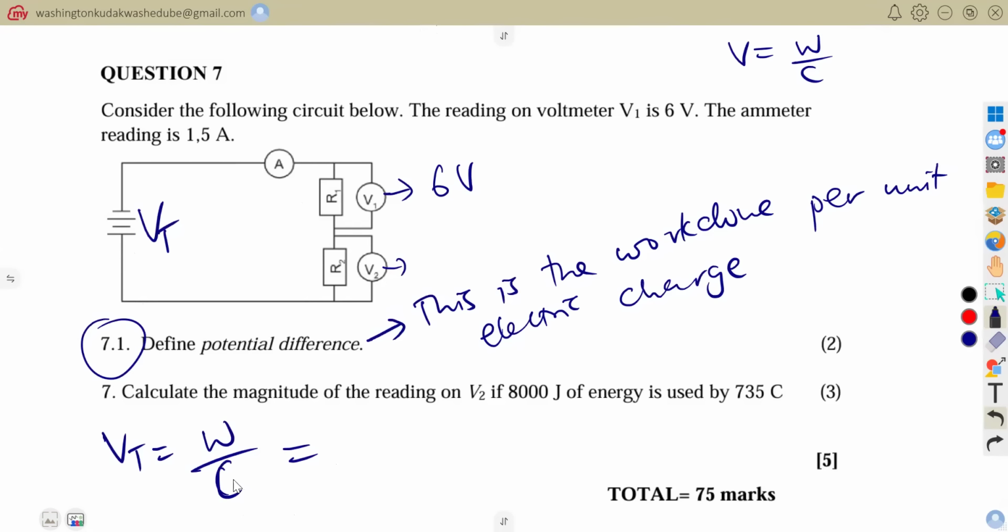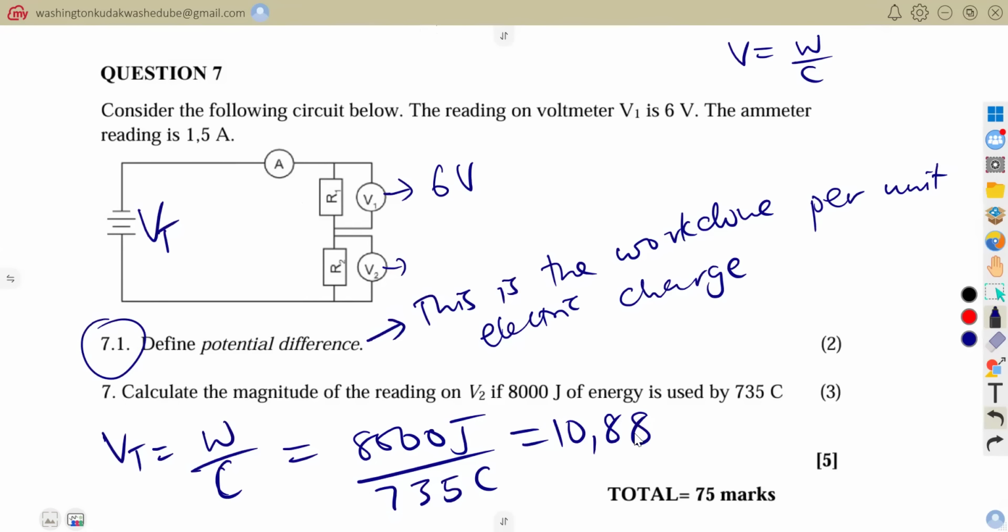So this is equal to 8,000 joules per 735 coulombs. And what becomes the answer? You say 8,000 divided by 735. That gives you an answer of 10.884 volts.